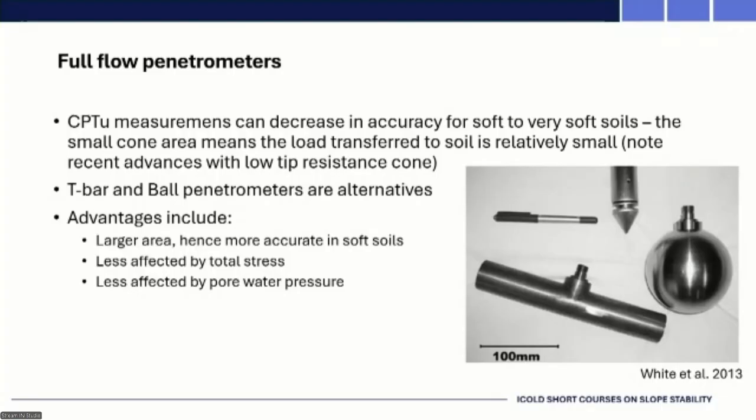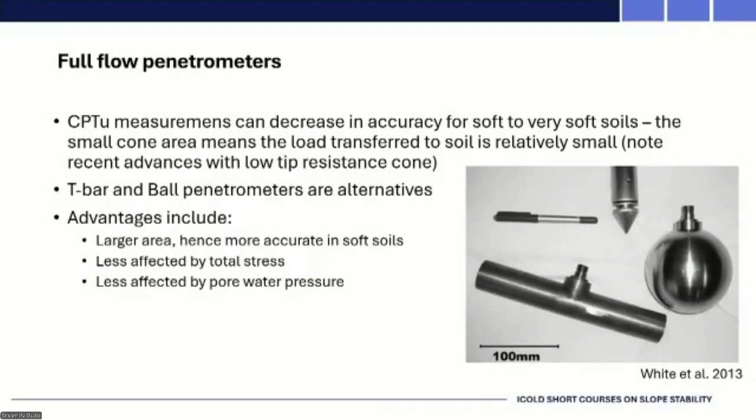Now, I say theoretical because it depends on the roughness of the ball and a few other things, but you've got a much larger area as you're pushing, so it's accurate in soft soils. It's less affected by overburden. It's less affected by pore pressure measurements. So we're seeing this trialed in a few TSFs in Australia. I think I might have some data later on in the course.